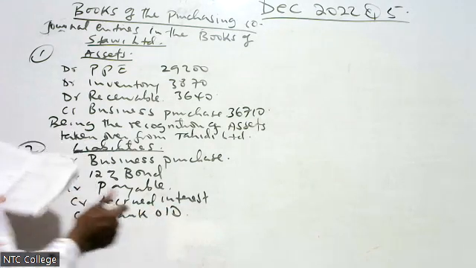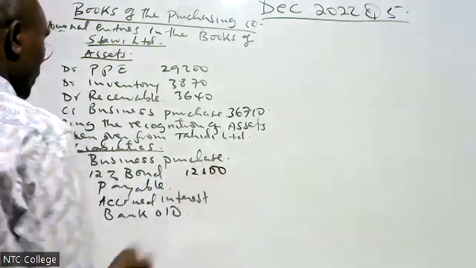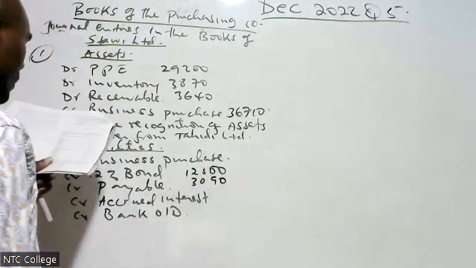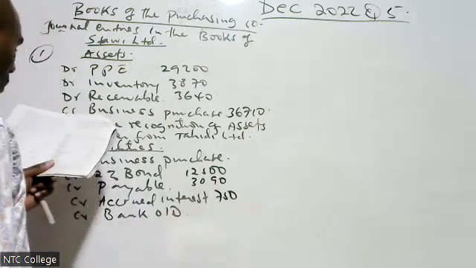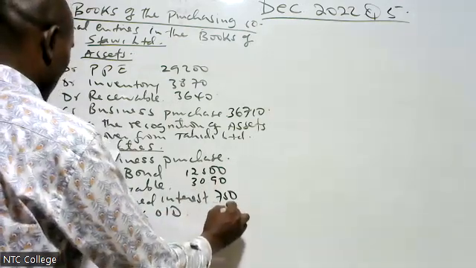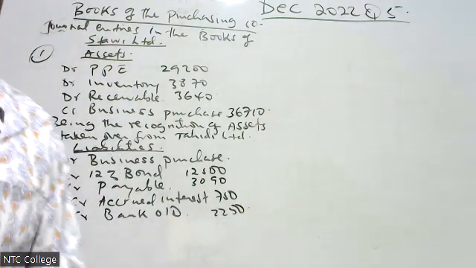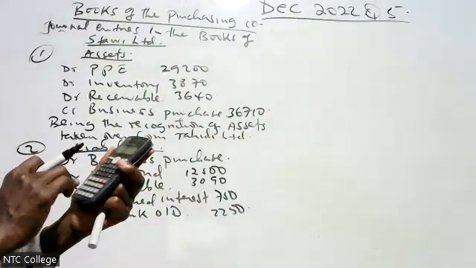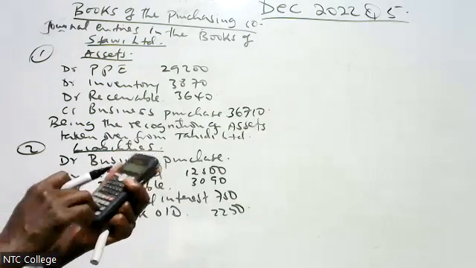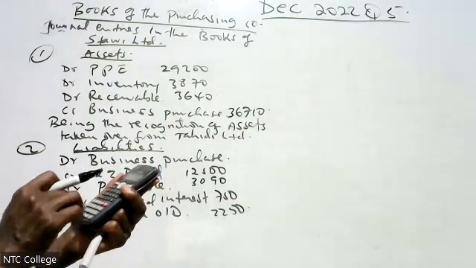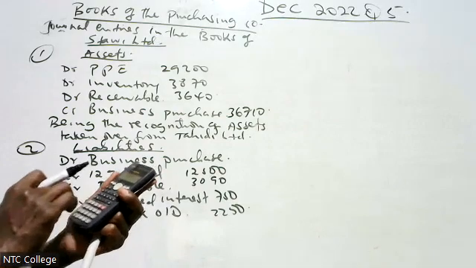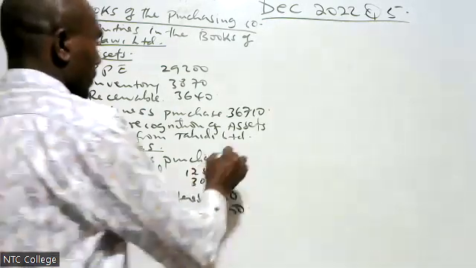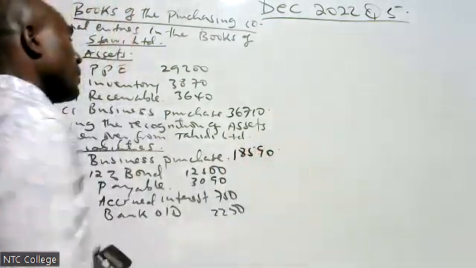Values are just there: 12,500, 3,090, 750, 2,250. Total, you debit business purchase. Therefore, what will be our total? It is 18,590.